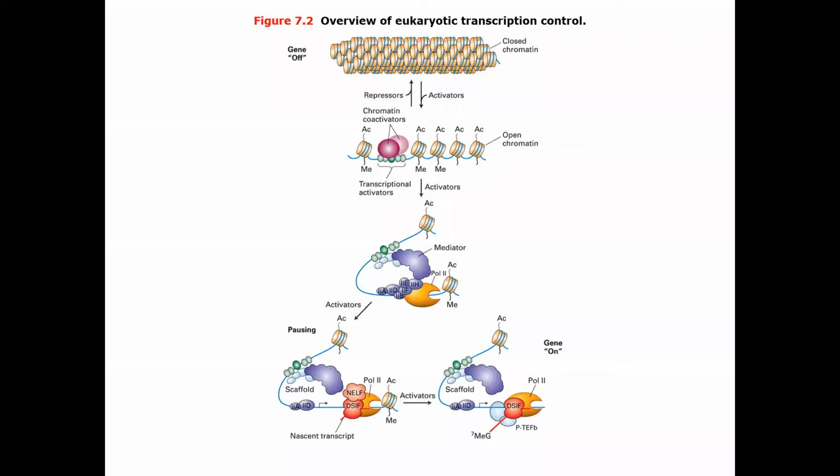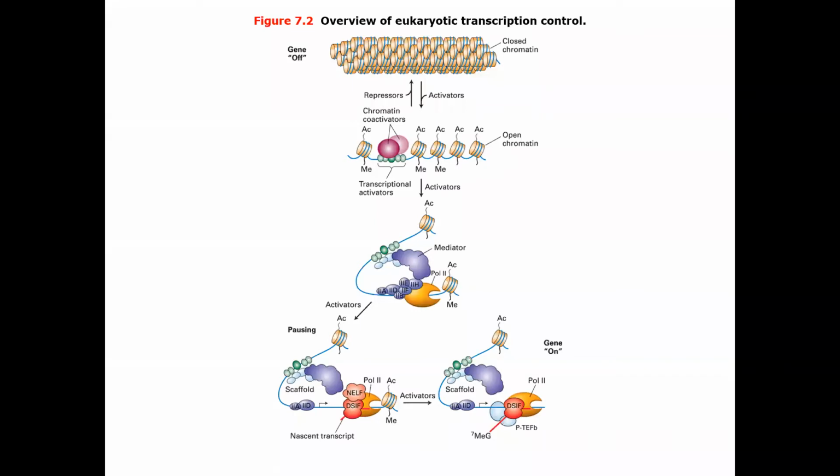First of all, think about how the chromatin is condensed. It is condensed in several tiers that you all know about. Then the chromatin itself can be condensed or not, depending on the status of acetylation and methylation of the histones.